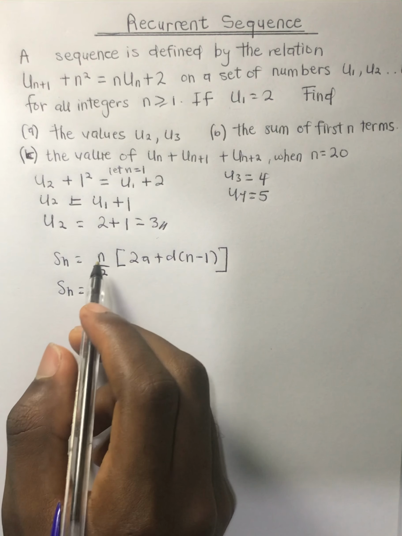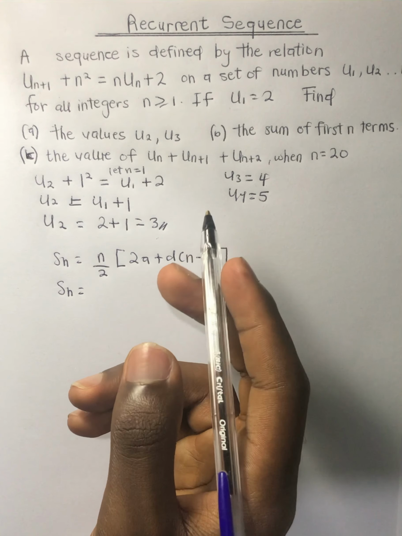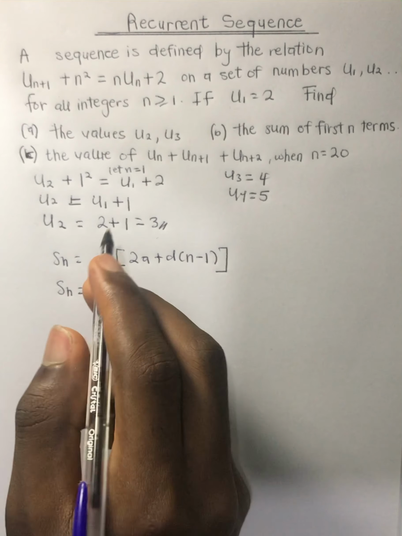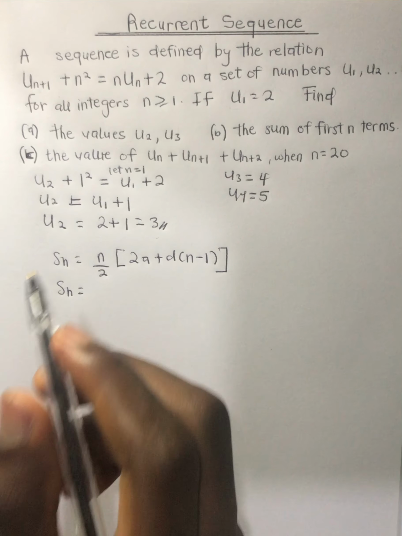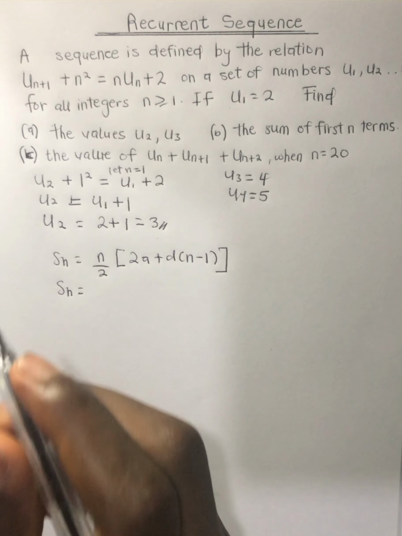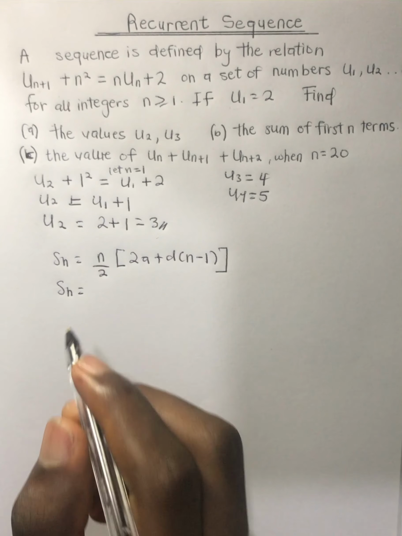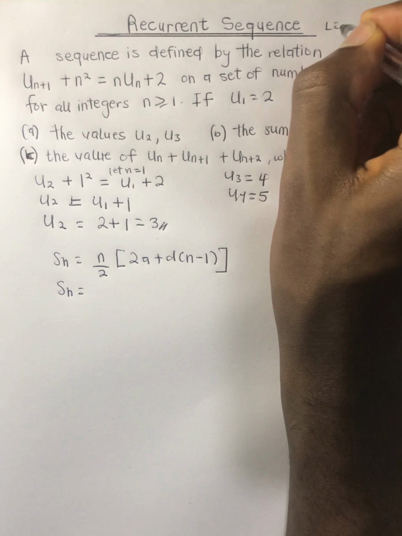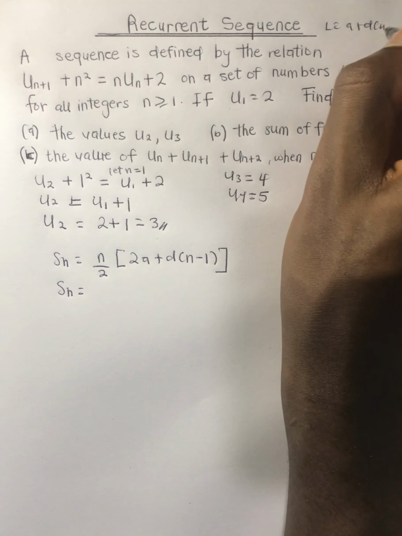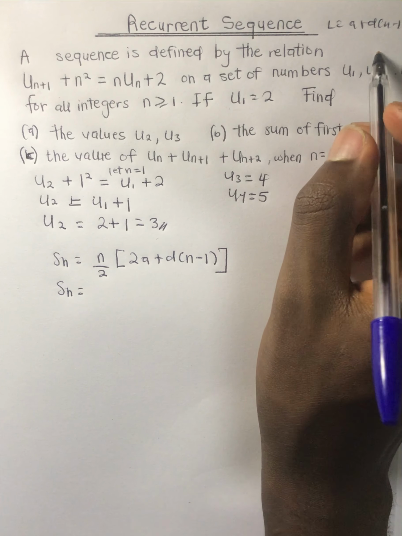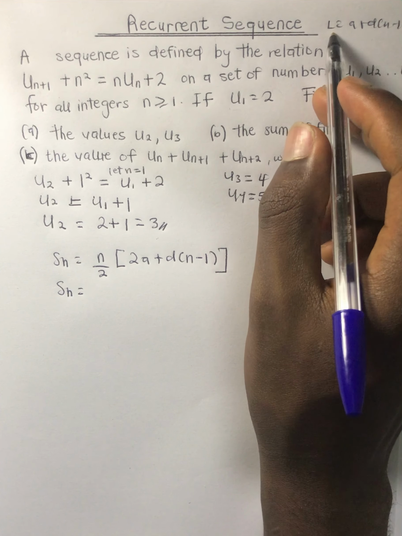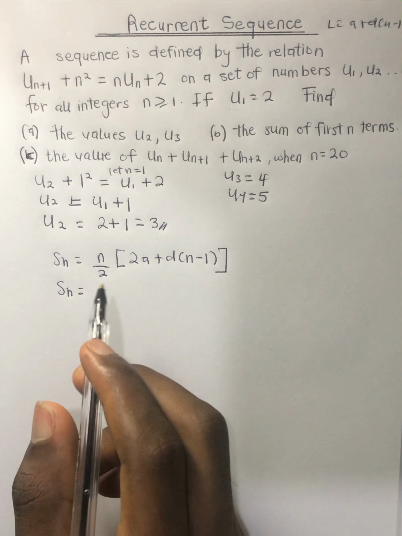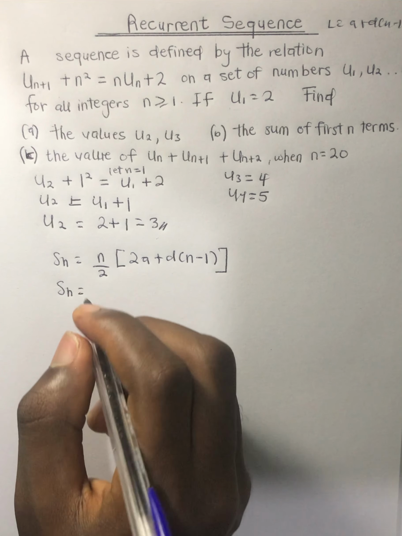So do we have our value for n? No. So can we get our value for n? And the answer is no, because we can't get our value for n. If we had the last term, then we can easily use the formula L is equal to a plus d multiplying n minus 1. But since we don't have our last term, we can't find the value of n.